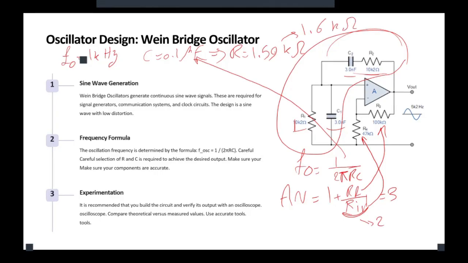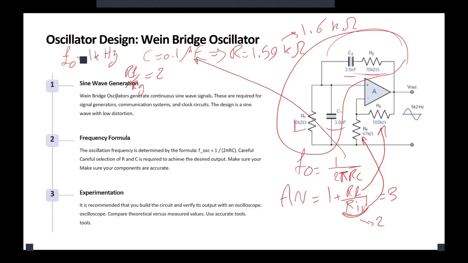Now, for the gain, we need RF over RG, or Rin, to be equal to 2. I'm using different indexes because different textbooks use different indexes. I want you to understand this and not get confused when you read different textbooks.